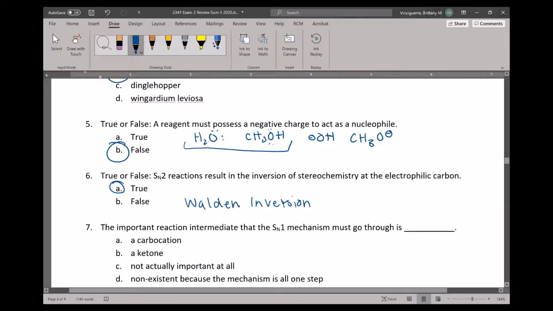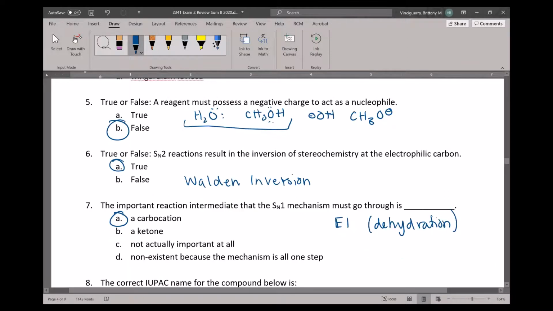The important reaction intermediate that the SN1 mechanism must go through is? Carbocation. Right, we go through a carbocation. What other mechanism goes through a carbocation? E1. Right, so E1 also goes through a carbocation. You can also include dehydration, which is also a type of E1 mechanism.